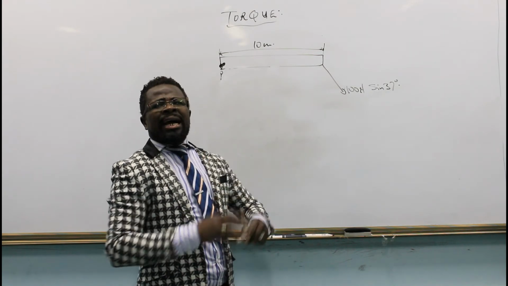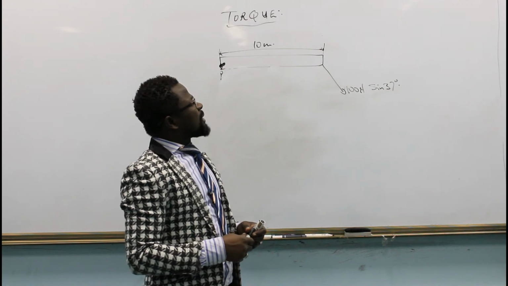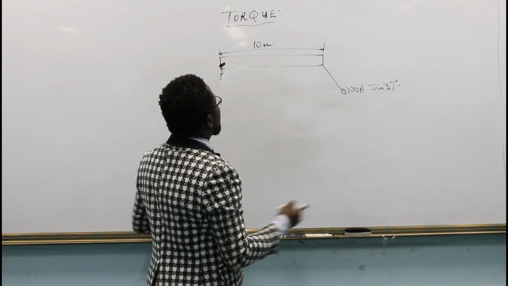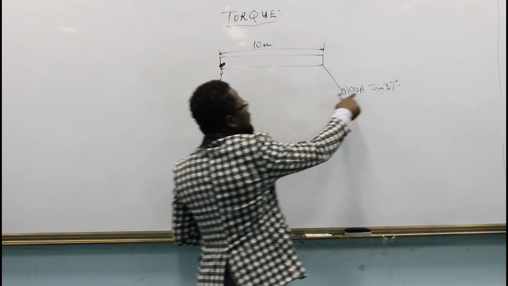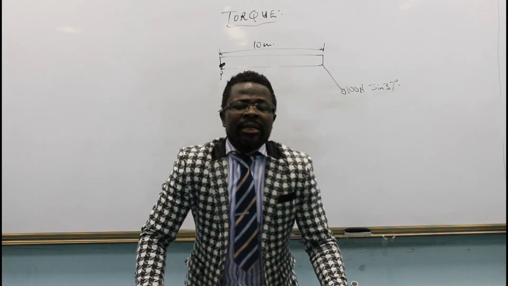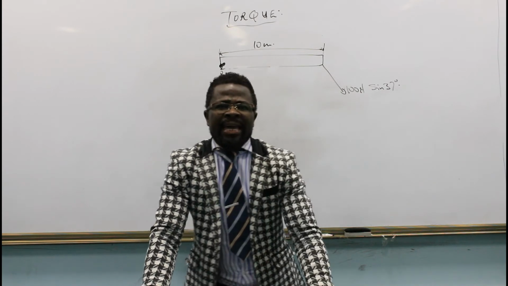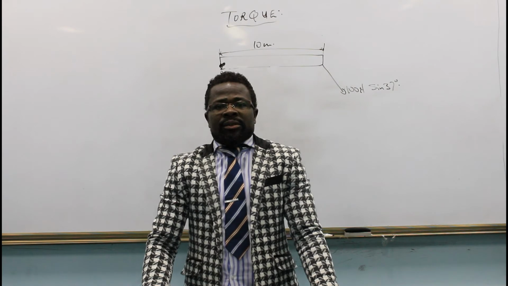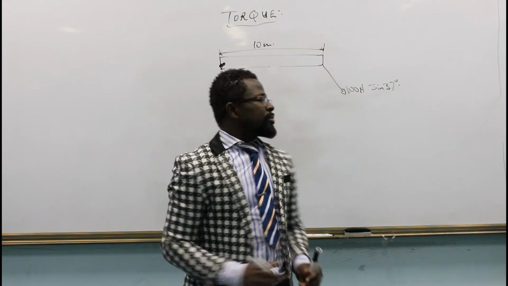So it is at an angle of 37 degrees. So to find the torque, we know it is not all the 100 Newton force that is going to cause a rotation to the beam. It is just a portion of the 100 Newton that is going to cause the rotation. So let's do that now.